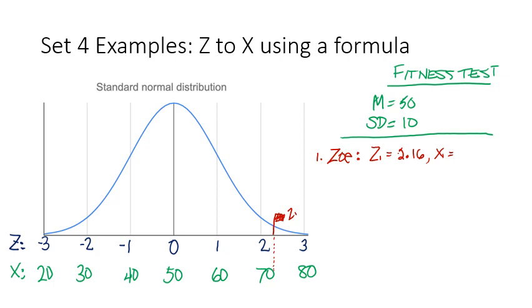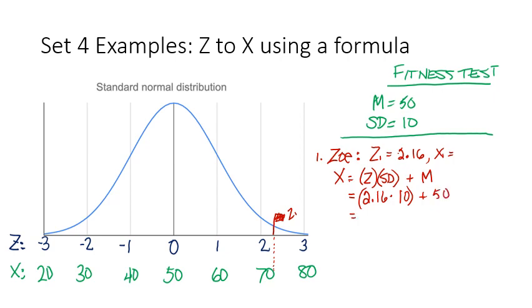And so let's look at the formula for calculating it. So to calculate the raw score when you have Z, you use the formula for X. X equals Z times standard deviation plus the mean. It's just the reverse of the formula we just used. And that would equal, in this case, 2.16 times 10 plus 50.